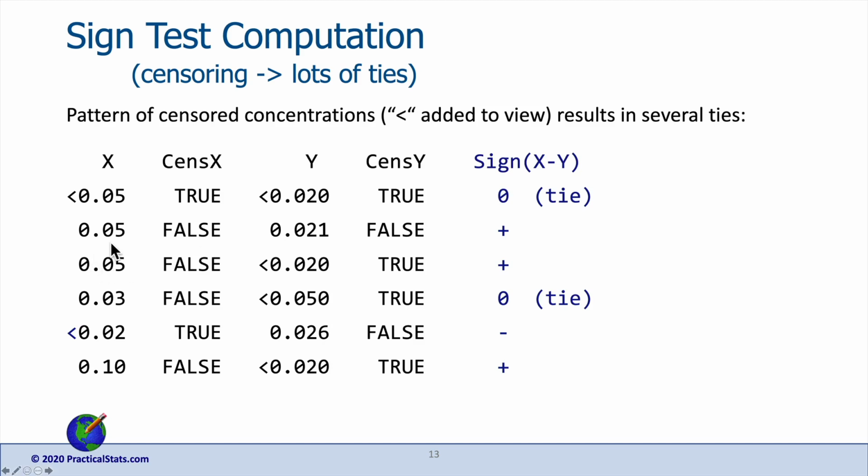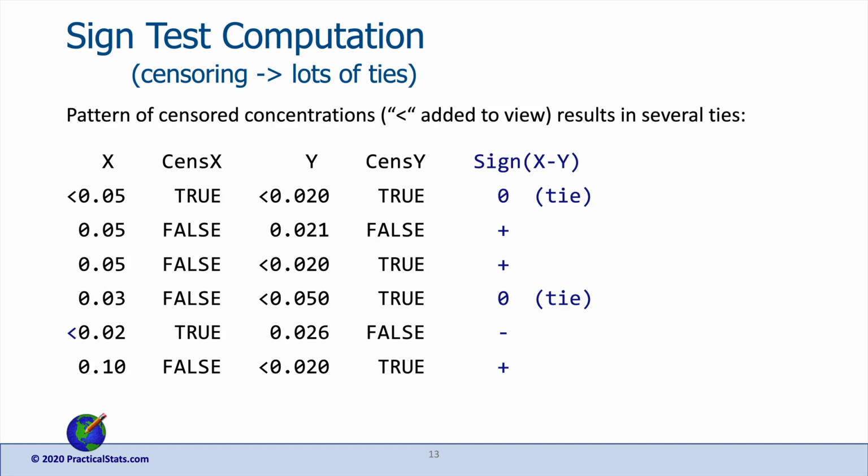If you had a detected 0.05 and a detected 0.021, well, you can make that subtraction. 0.05 minus 0.021 is going to be a positive number, and so that would be a plus. 0.05 to a less than 0.02 is also going to be a positive number. You don't know what the magnitude is exactly.